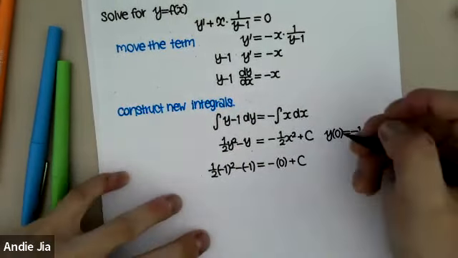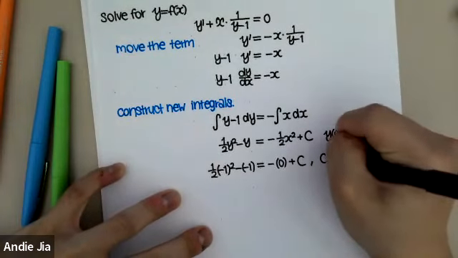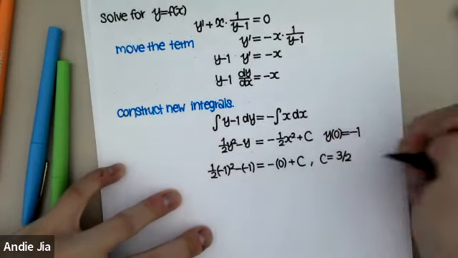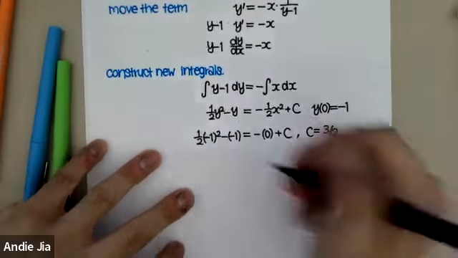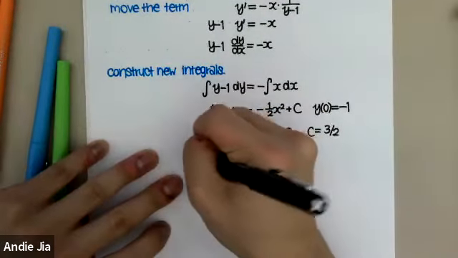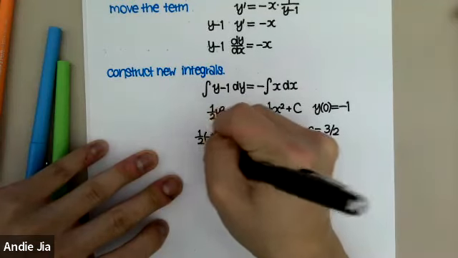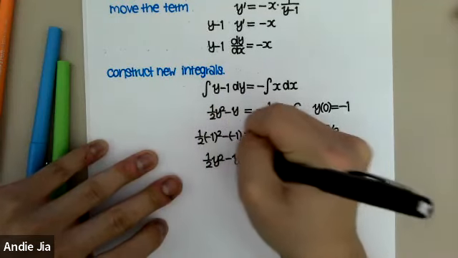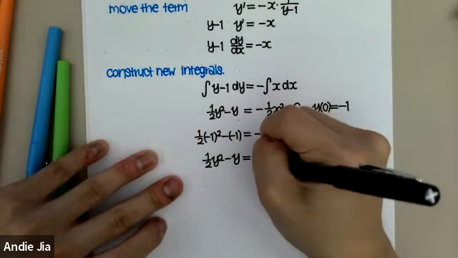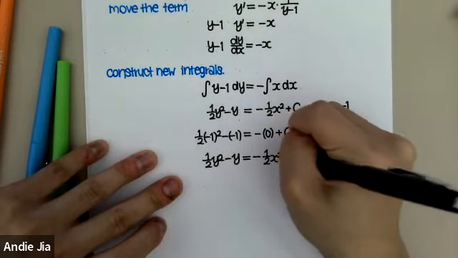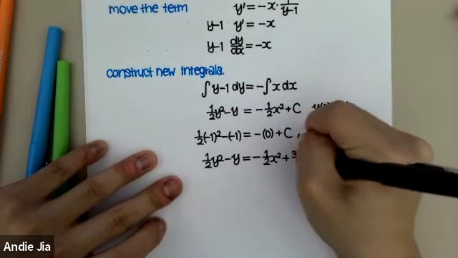The c is going to be 3/2. Now we have this expression: positive 1/2 y squared minus y equals negative 1/2 x squared plus 3/2.